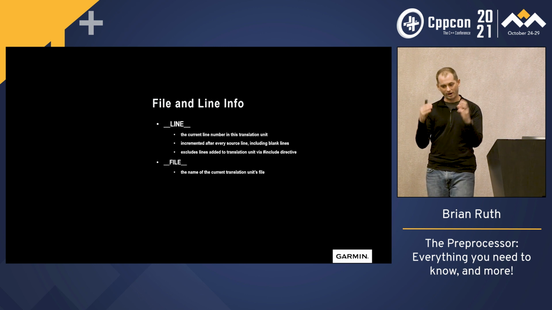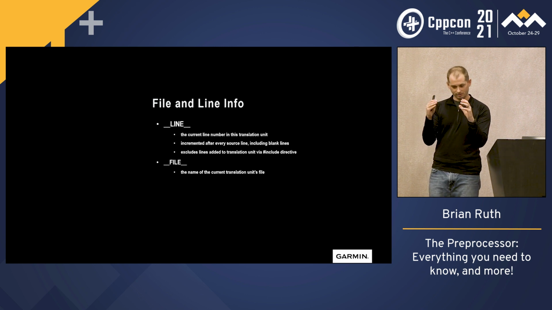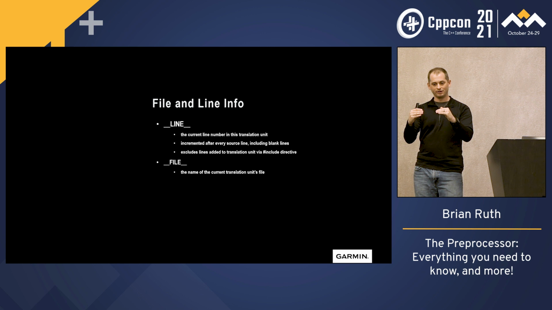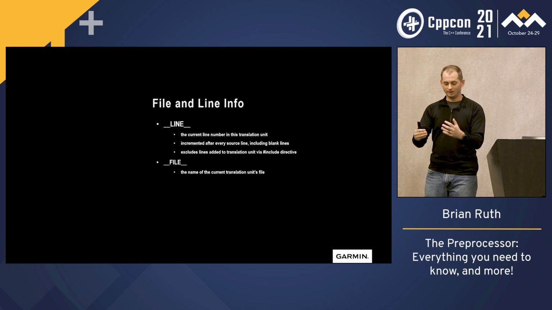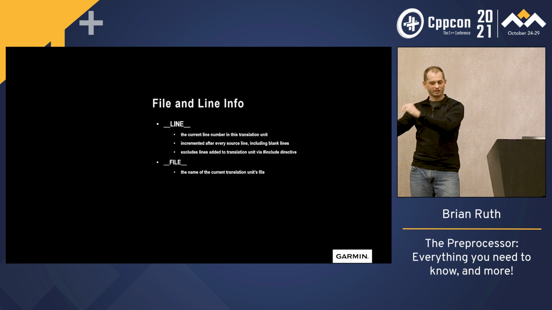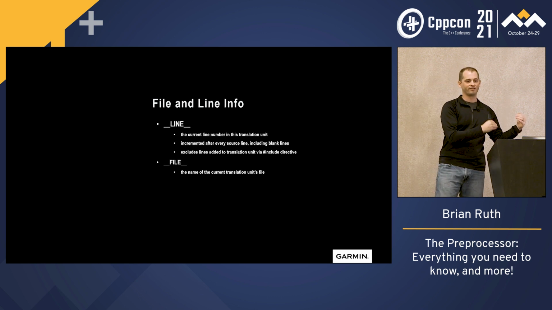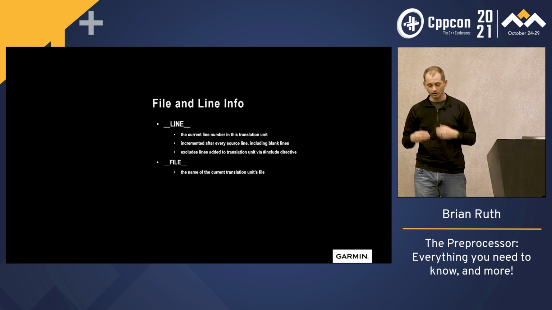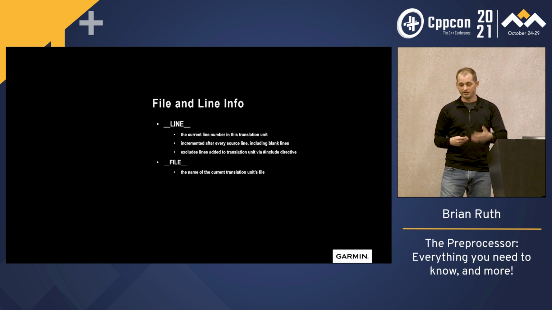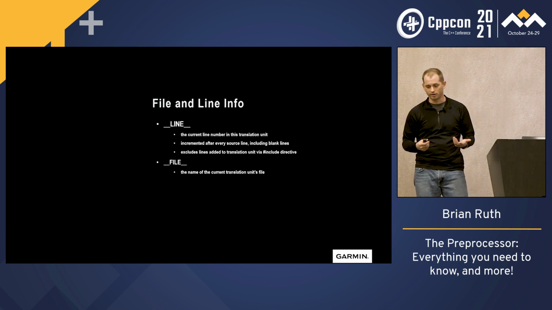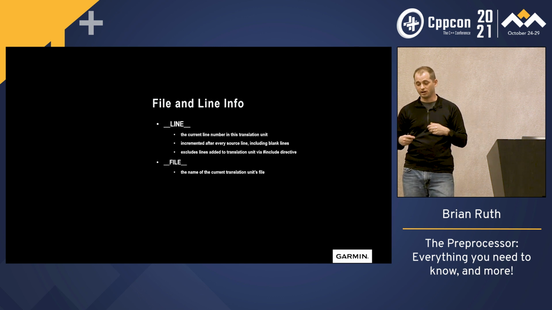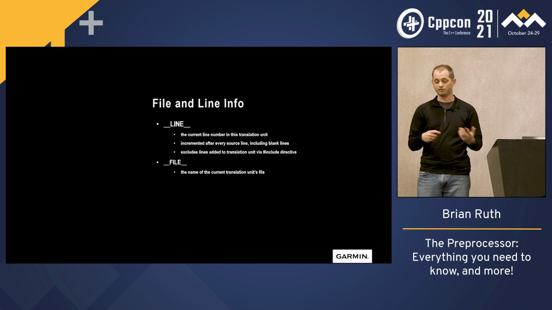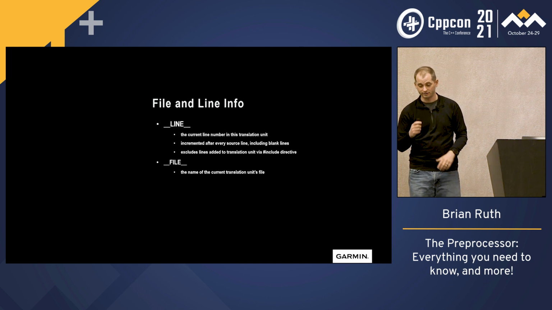And if you're using it as kind of a default argument in C++, it is going to be the line where that default argument is declared. It is not going to be the line from where that function is called. And then __FILE__ is going to be the name of the current translation unit that you're working in. Again, the line is going to be incremented for every line, including blank lines, and it excludes lines brought in via include directives.